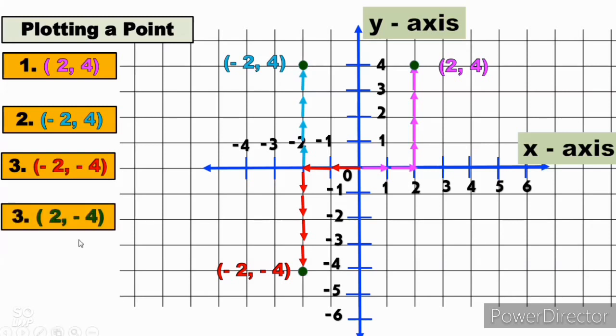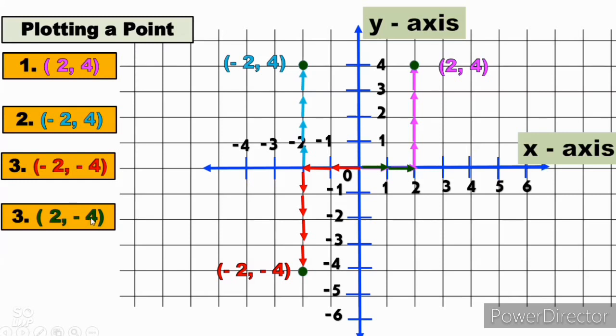Okay, next, we have number 4, positive 2, negative 4. Our first coordinate, which is x, is positive 2, and y-coordinate is negative 4. Okay, so since the x-coordinate is positive 2, from the origin, we count 2 units going to the right direction. 1 and 2.